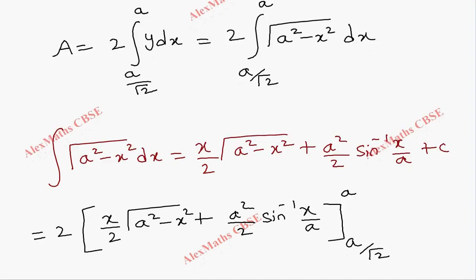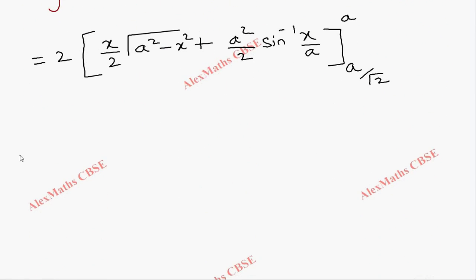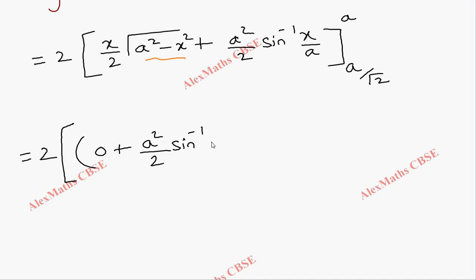Now we are going to substitute the upper limit. So we take this 2. When I put a here, a² − a² is 0. So the first term is 0. And the second term is (a²/2) sin⁻¹(x/a). So we put a in place of x, so a/a.